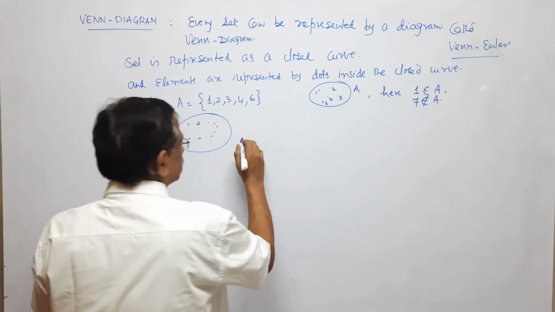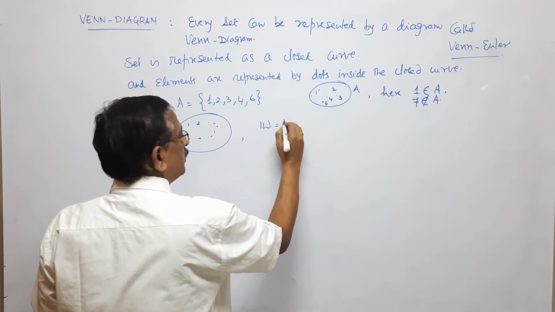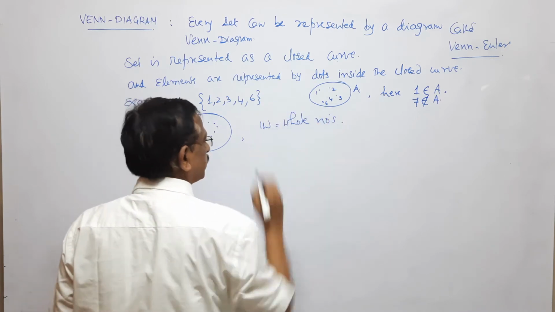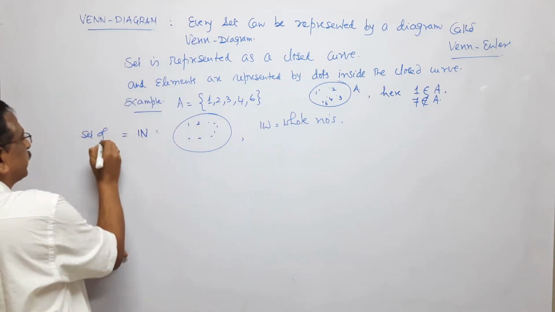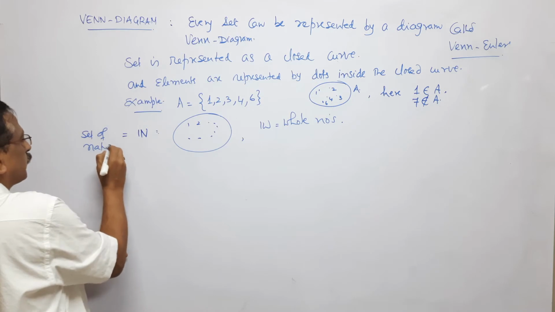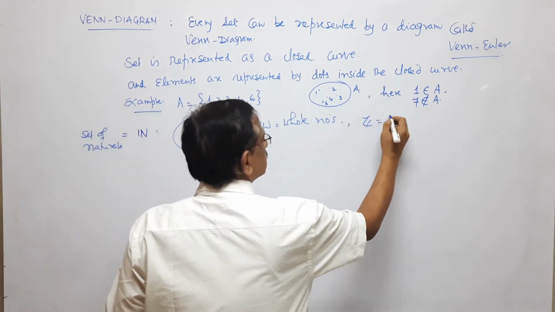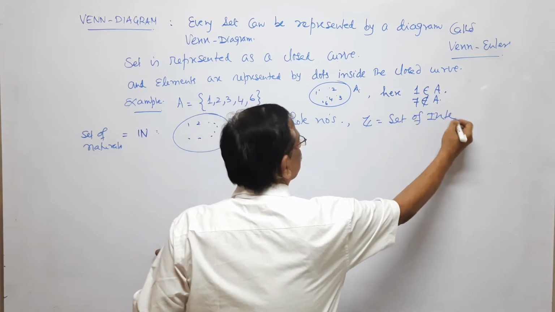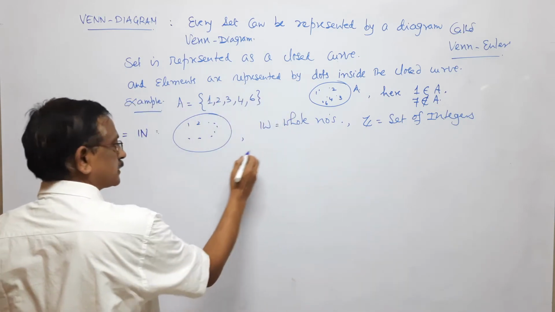Now, I want to see here one more. W is the set of whole numbers. N is the set of naturals. Z is the set of integers. So I can write down like this.